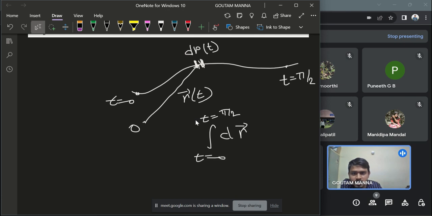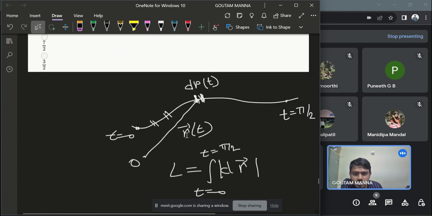For each t we will get this dr, and we will sum it up and get the total length of this curve. Okay, so now we need to find out this dr.